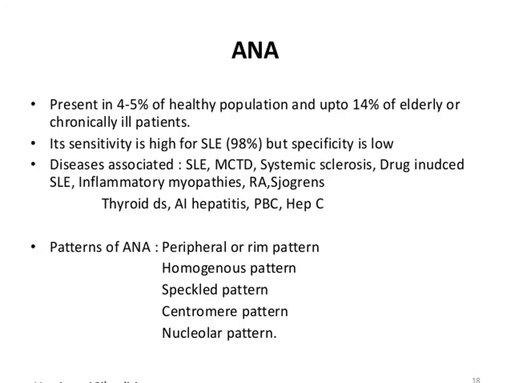Anti-nuclear antibodies are present in 4 to 5% of the healthy population, but up to 14% of elderly or chronically ill patients. The sensitivity is very high in SLE, but specificity is low. It is also associated with certain other diseases like systemic sclerosis, inflammatory myopathies, Sjogren's syndrome, and polymyositis.